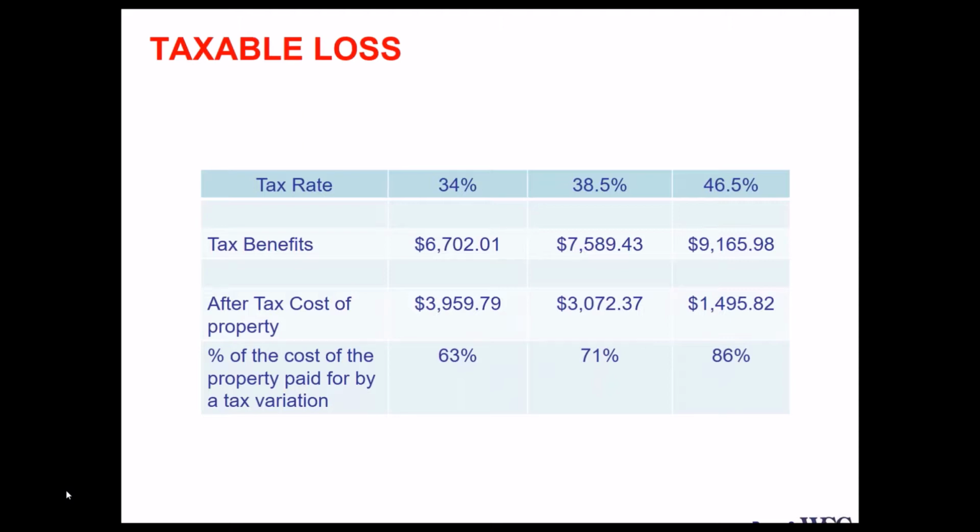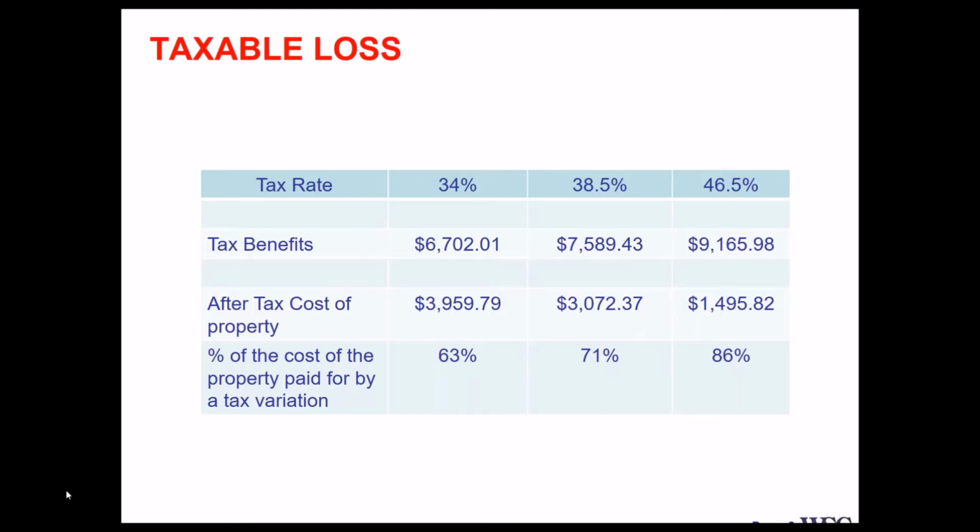What are the tax benefits in terms of a loss such as this? Remembering, depending on what your marginal tax rate is, your tax benefits will vary. If your tax rate is about 34 cents in the dollar, between 37 and 87,000, you get about $6,702 in tax benefits, and that would be deducted off your cash loss, the $10,662, less your tax benefits of $6,702, to give you an after-tax cost of the property of $3,960.